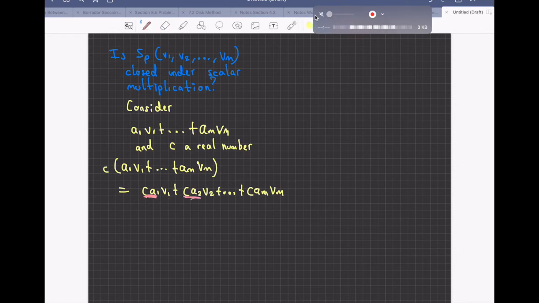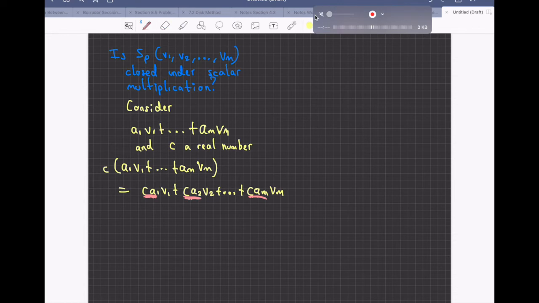Because C is a real number and A1 is a real number, the product is a real number: a coefficient times B1, another coefficient times B2, another coefficient times BM. So yes, I have another linear combination.